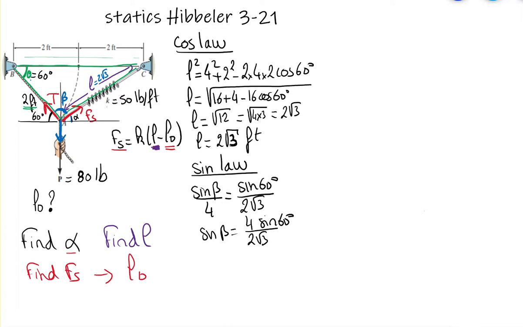And sine 60, how much is sine 60? Sine 60 is square root of 3 divided by 2, right? So sine beta is equal to 2 times square root of 3 times square root of 3 divided by 2. So it's equal to 1. What did I make there? Let me check.